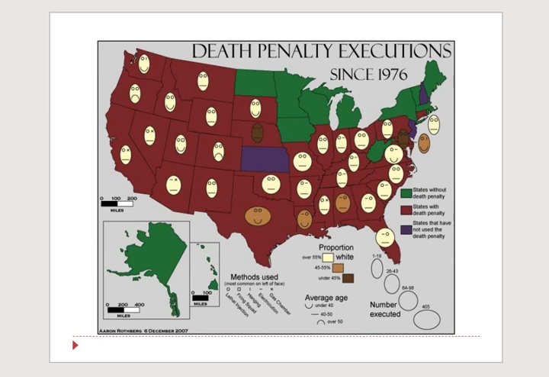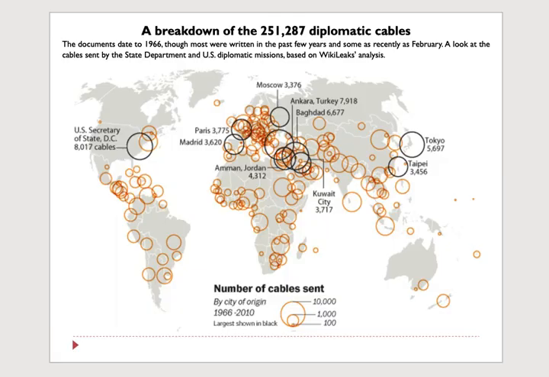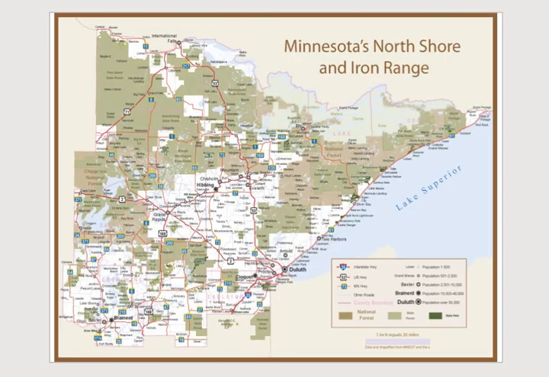And we have death penalty execution since 1976, and a breakdown of the 251,287 diplomatic cables. And another map is the Minnesota's North Shore and Iron Range. So you can look at that in all these examples. They made use of the study area and the symbology of the data in different ways.